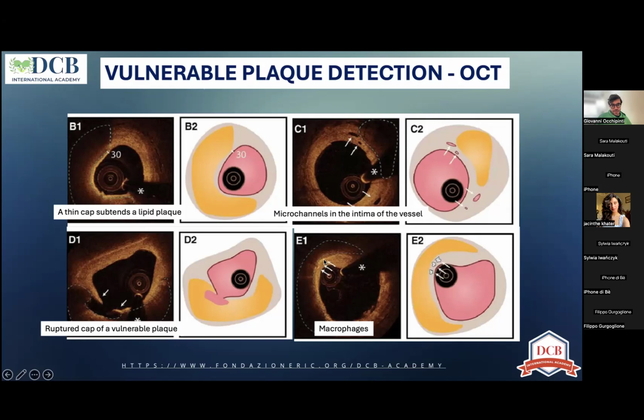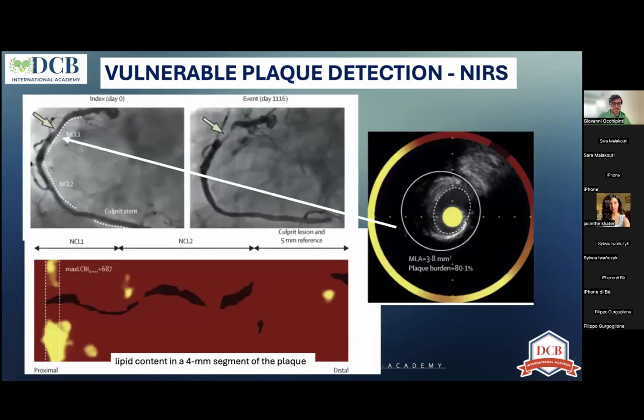Macrophages are depicted as hyperechogenic structures, so highly yellow structures that have a shadow below them, and are contributors and main characteristics of the vulnerable plaque.